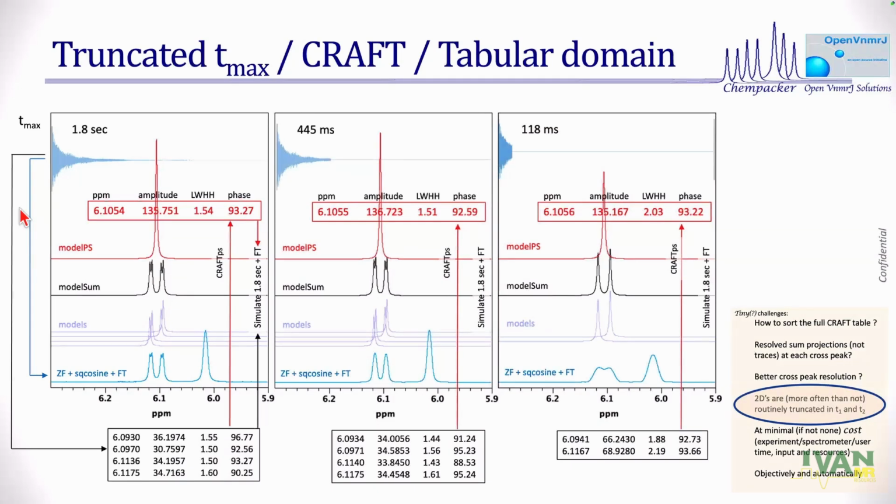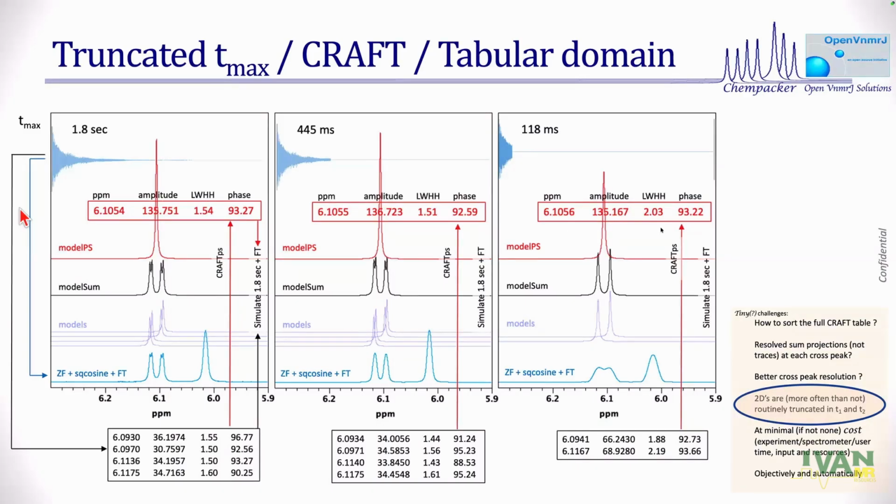If I do the same through this, I don't have enough acquisition time to resolve that tiny doublet, but I can generate two averaged signals, and if I take a pure shift out of these models, I still get a 2 hertz line width.